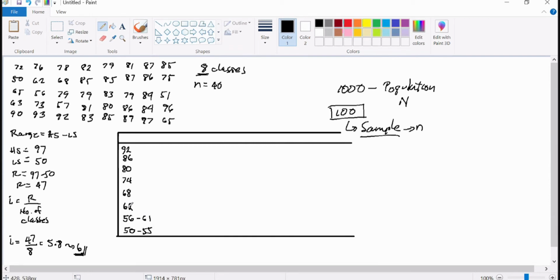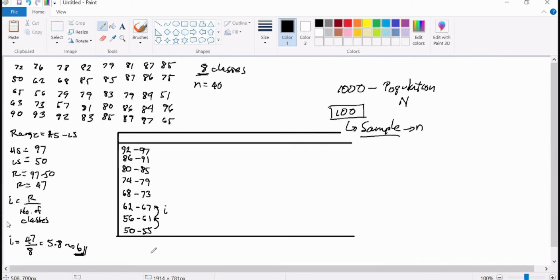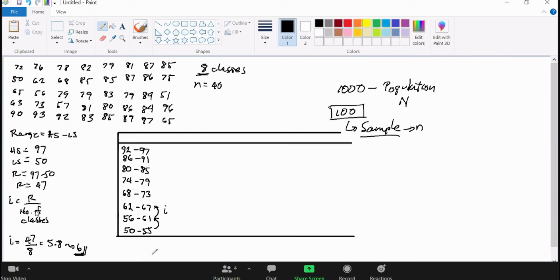So this one is 62 until 67, 68 until 73, then until 79, 85, next will be 91, and this is going to be 97. If you check the distance between these numbers, it is also I. Got that?